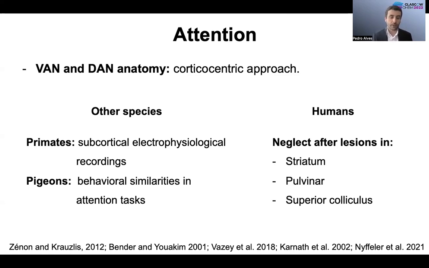In addition, the analysis of distant phylogenetic species with markedly different cortical morphologies, such as pigeons, has shown that they share behavioral similarities with us during attention tasks.